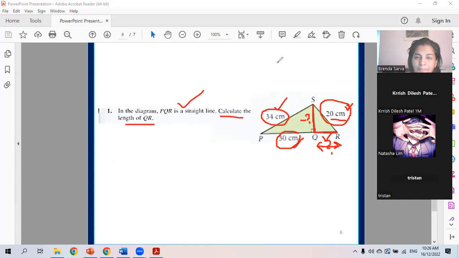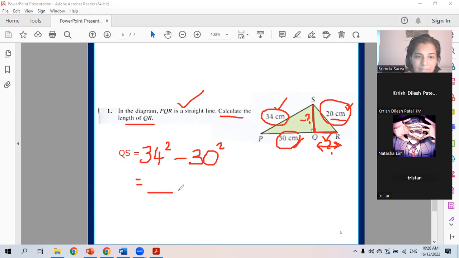It's a double usage of your Pythagoras theorem. Double application. So the first step is you want to find QS. And to find QS, you take your 34, your hypotenuse, 34 centimeter squared and minus with the 30 centimeter squared. All right.